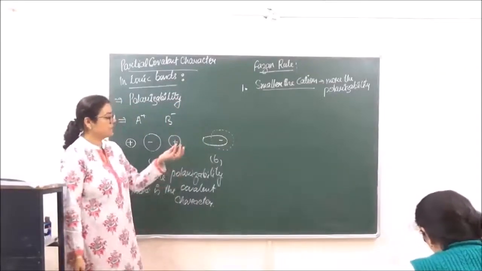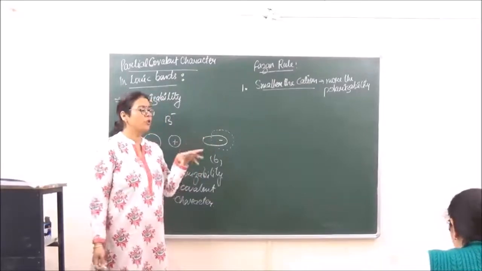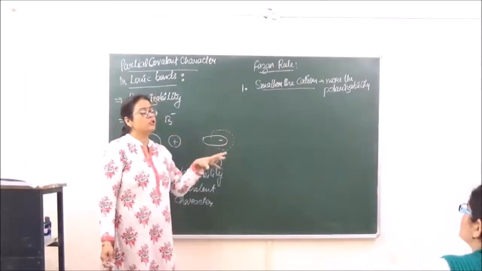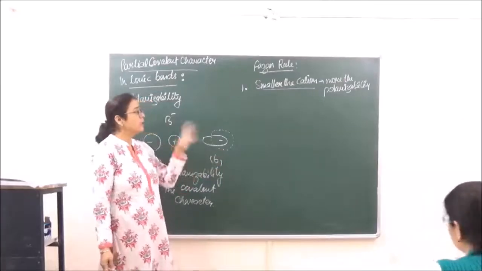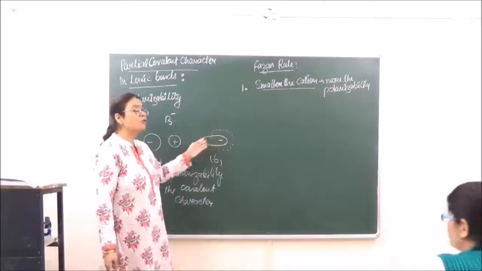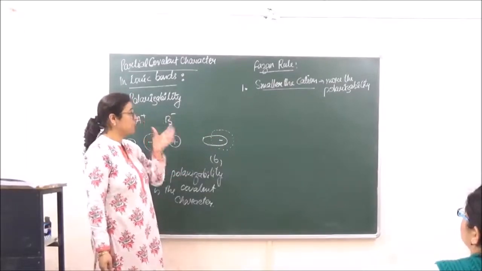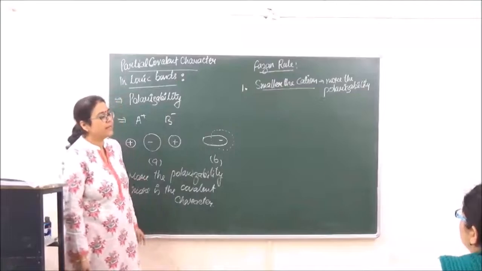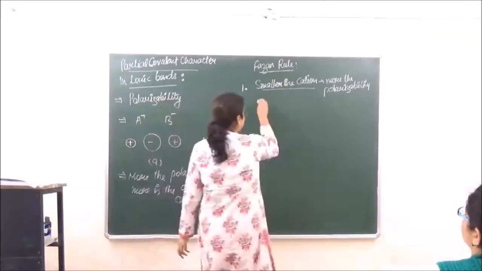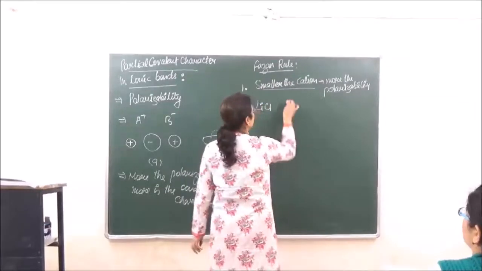Because if the size of the cation is small, then the nuclear charge will more effectively reach the outermost shell, as a result of which it will more distort the cloud of the anion. That is why we say that the smaller the cation, the more is the polarizability, and hence more is going to be the covalent character.